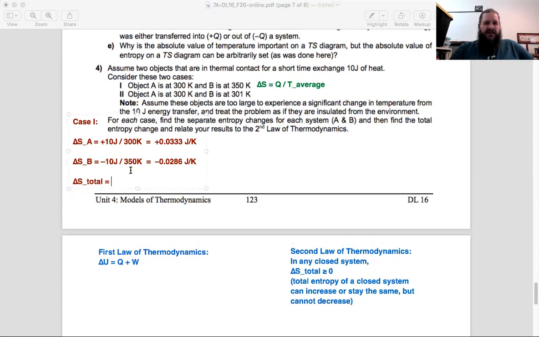And in fact, if we take a look at the total delta entropy, how would we find that? Yeah, we add those changes together. Delta SA plus delta SB.